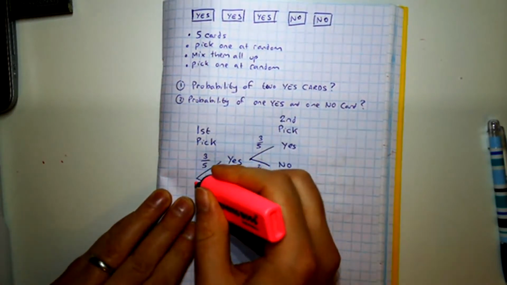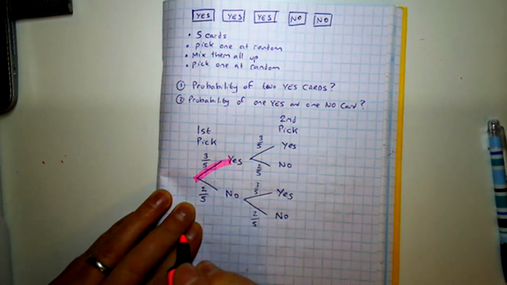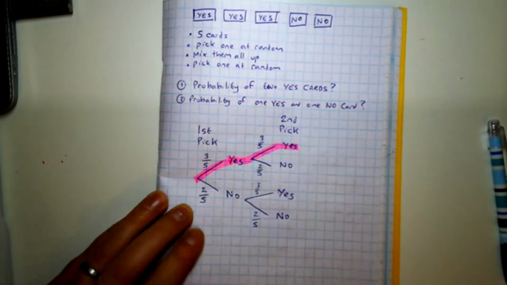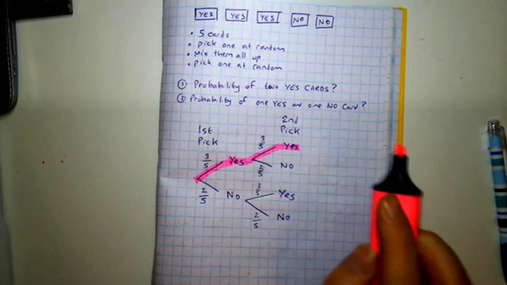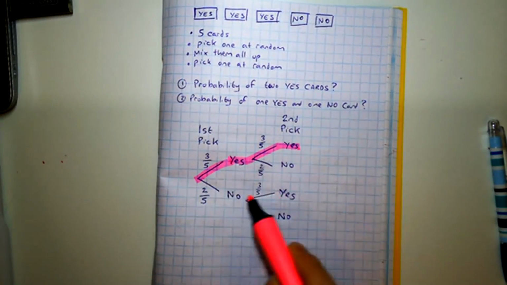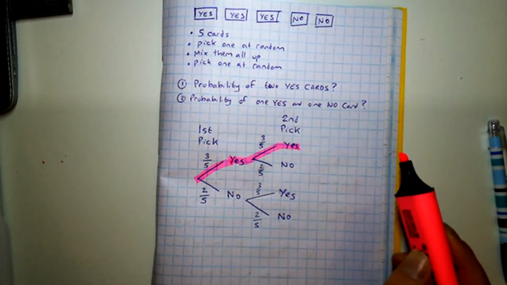So I'm starting here, I have to get a yes, and then from there I have to get a yes again. And following that line is the only way of getting 2 yes cards. If I go any other route, I'm hitting at least 1 no card.